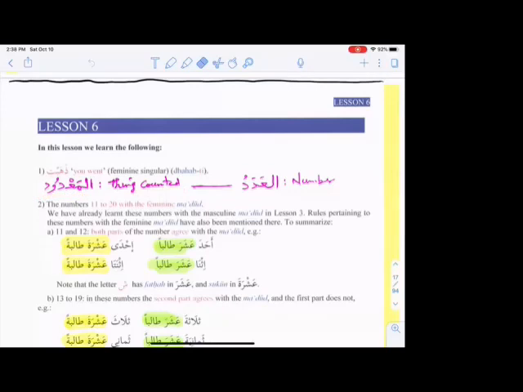The numbers 11 to 20 with the feminine ma'dud. This is the feminine ma'dud we are going to understand. So this is the way the Arabic numbers are, always masculine and feminine.